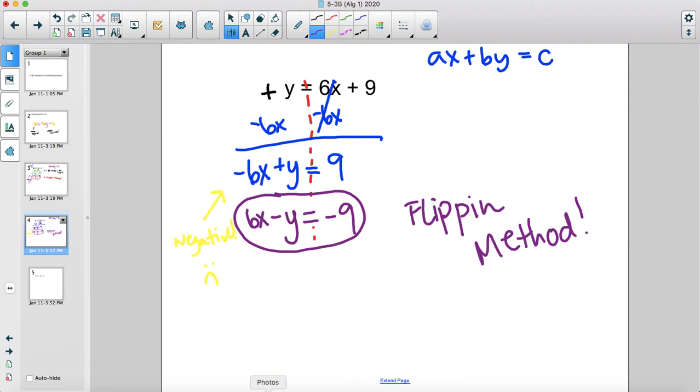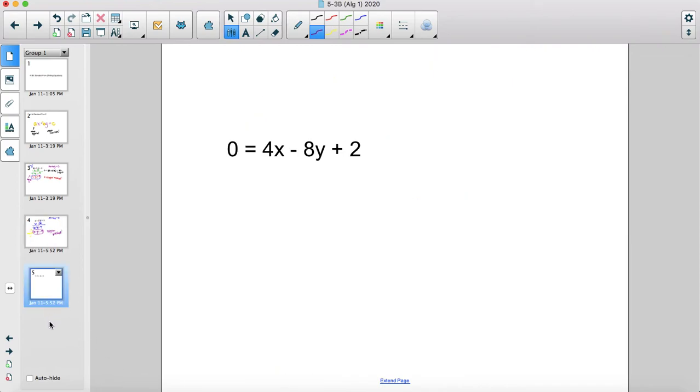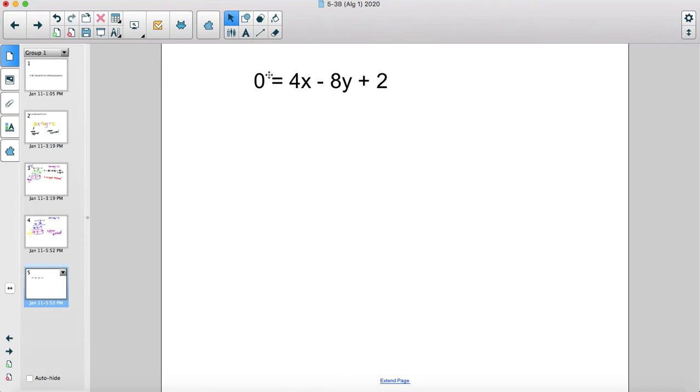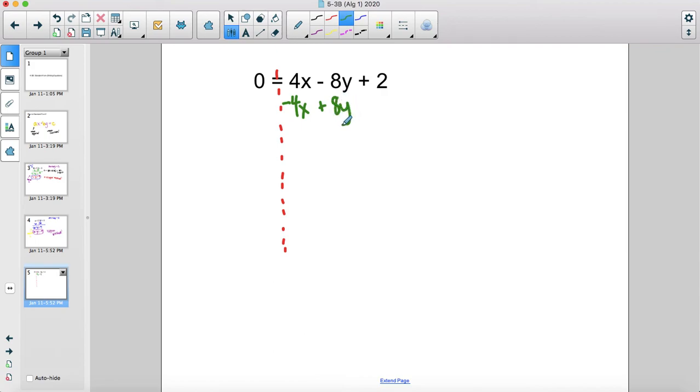Okay, and then last example you might see before you move on is where everything's all on one side. So all of our stuff is on the same side here. There's nothing on the left. So we need to move it all. We need to minus 4x and add 8y. So I'm going to minus 4x and add 8y to both sides. With this 0 there, that doesn't mean anything.